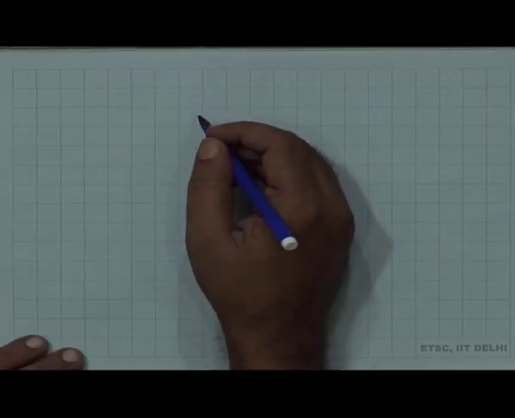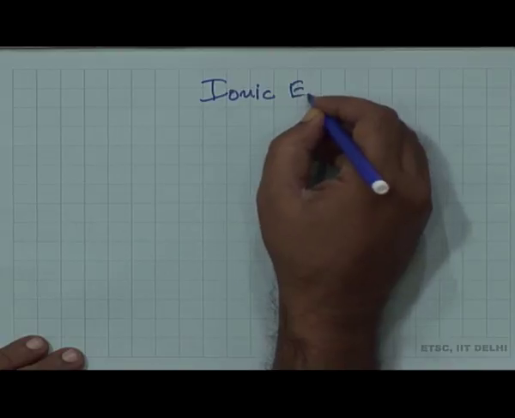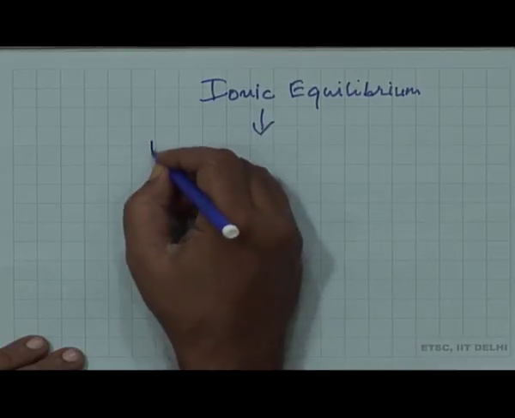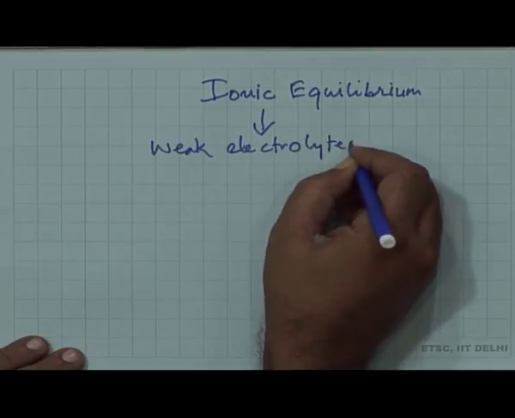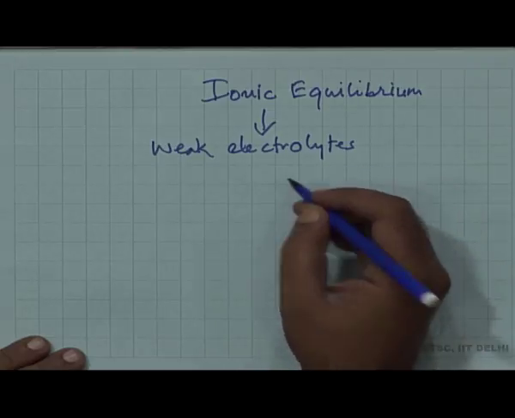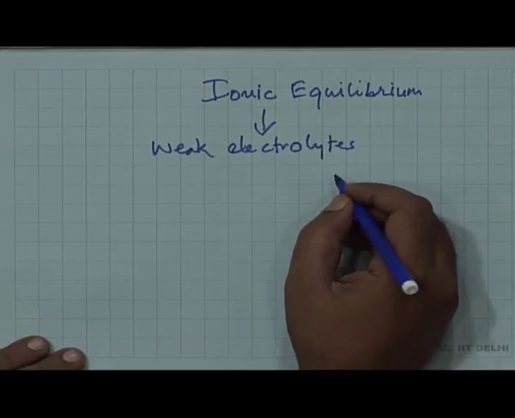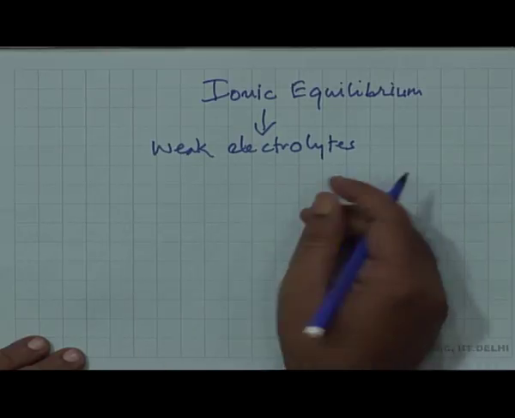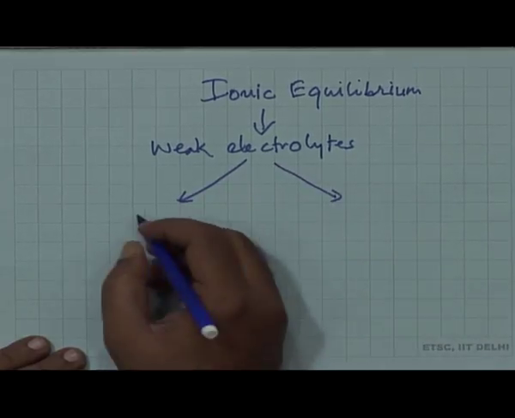The concept of ionic equilibrium comes when we are dealing with weak electrolytes. What do I mean by weak electrolyte? A salt or a compound which dissociates not completely in water, and there is an equilibrium between undissociated and dissociated species, is known as a weak electrolyte.